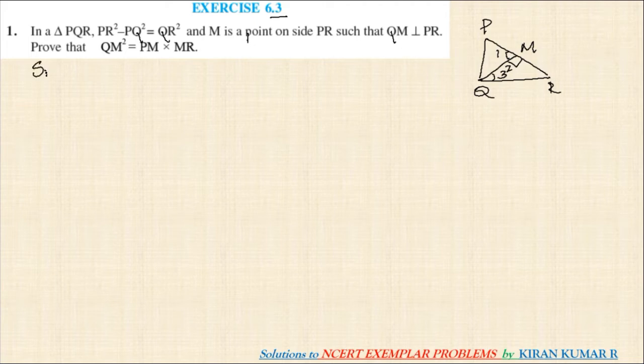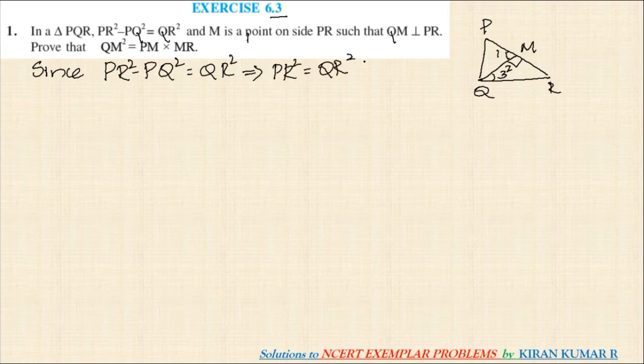Since they have given PR square minus PQ square equal to QR square, I can rewrite it as PR square equal to QR square plus PQ square. If you observe, these are the three sides and it satisfies Pythagoras theorem. This implies that triangle PQR is right triangle.